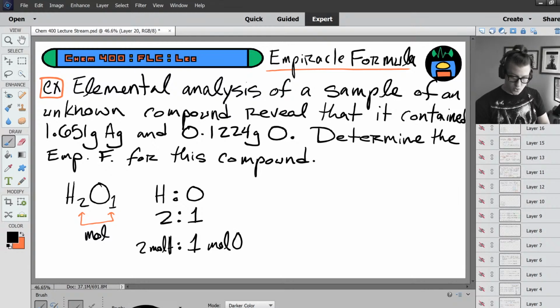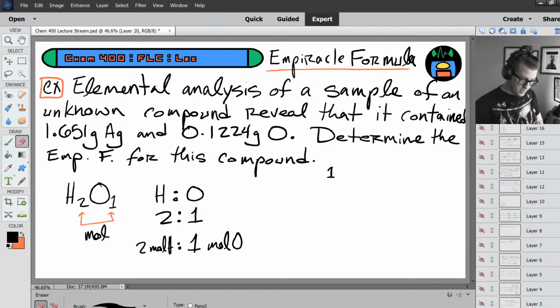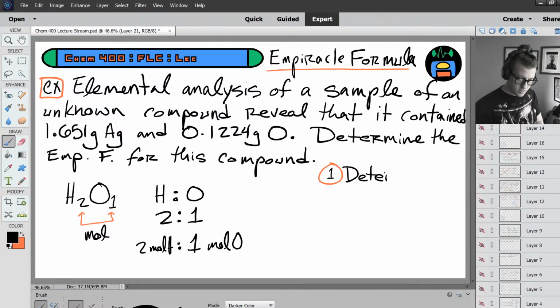All right? So, the first thing you've got to do when you're solving this problem is, hang on, I need to open a new layer. The first thing that you've got to do when you're solving this problem is determine the moles of each atom.